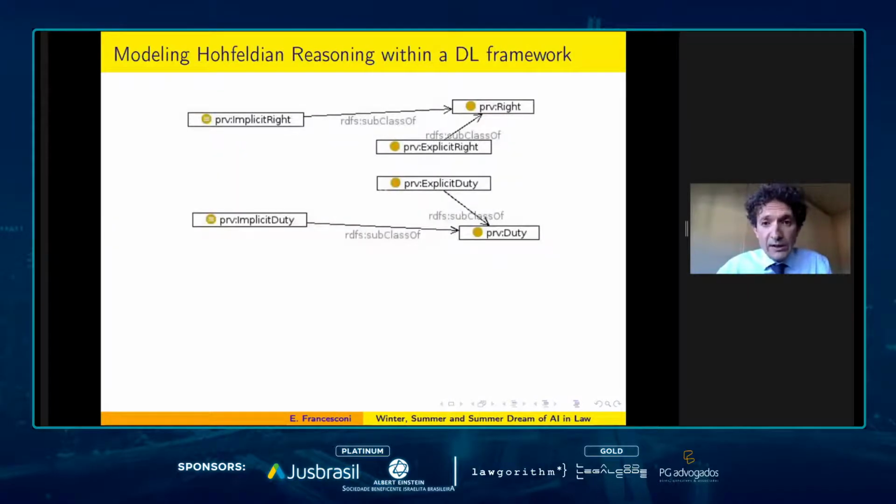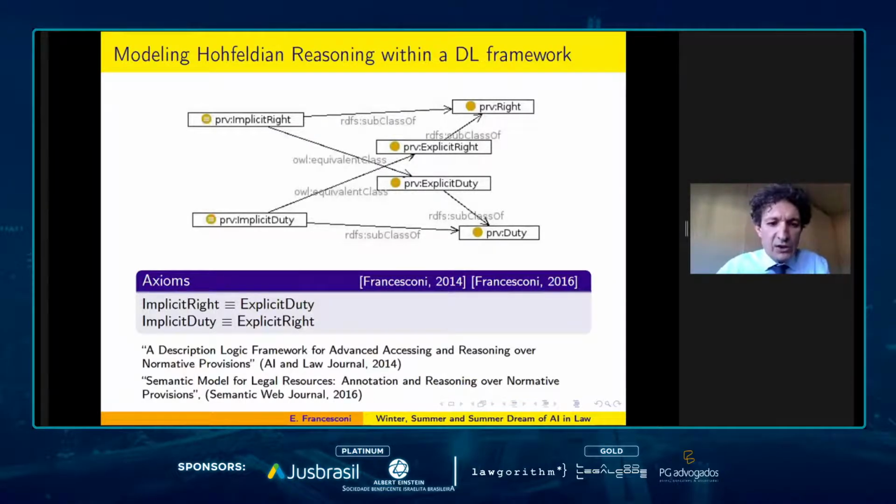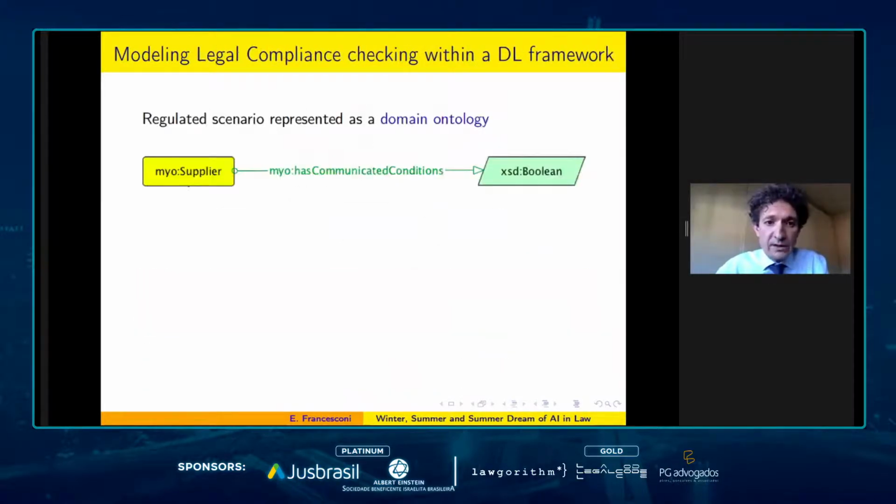And I also developed my research within this framework, for example, for modeling of Hohfeldian reasoning within a description logic framework, introducing specific relations in terms of implicit and explicit knowledge, of implicit and explicit provisions. And more recently, I developed a model for legal compliance checking within the description logic scenario.